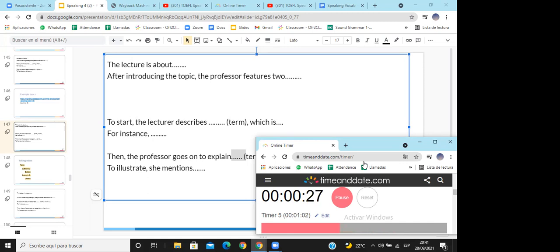So to start the lecture, she describes how we have two ways to defend ourselves, with the fantasy and the sublimation. The fantasy is about how we can use our imagination and find a happy story. And sublimation is how we can turn the negative feelings into a protective function.